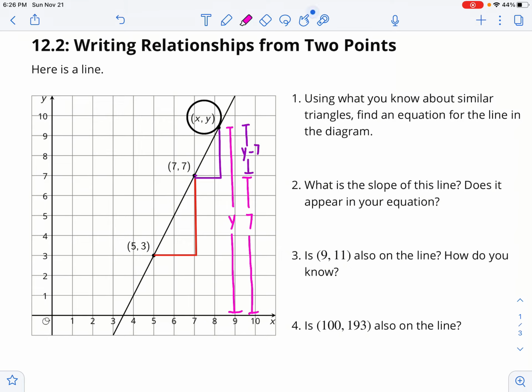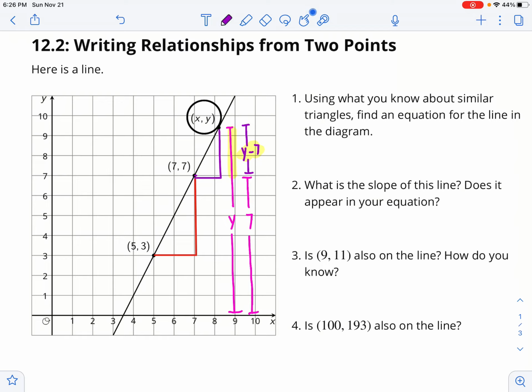Because again, it's this entire length y, but we're taking away the part that's 7 units. So instead of the entire length, we're taking away 7 units, and we end up with y minus 7. Now we have a similar situation for the base of the triangle, right?